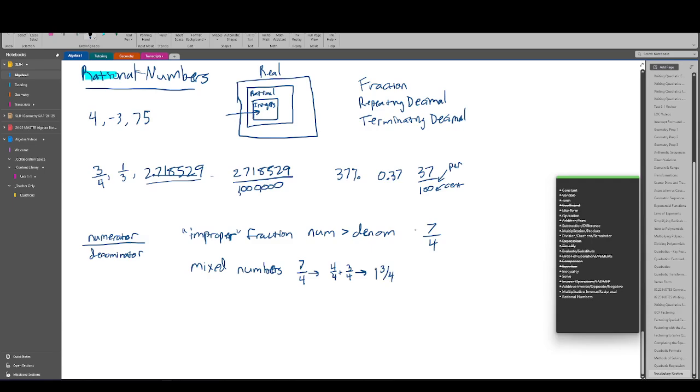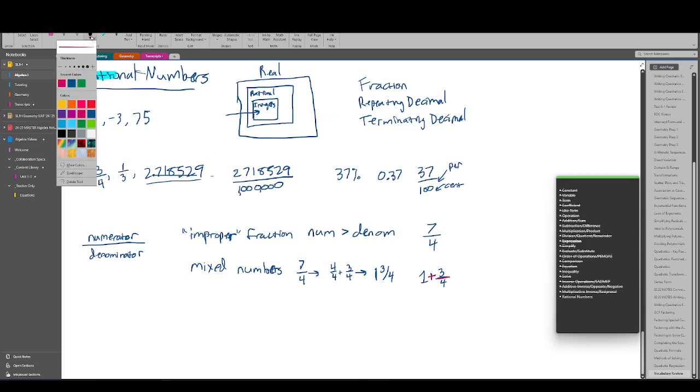The problem with that is we have two operations going on there. When we're trying to solve equations, which is a huge part of algebra and higher math, what we're really dealing with isn't 1 and 3/4, it's 1 plus 3/4. So there's both a plus sign and a division sign in this same term, in this same piece.